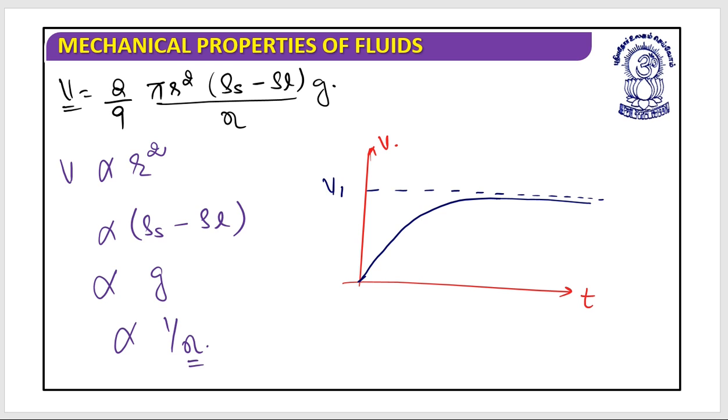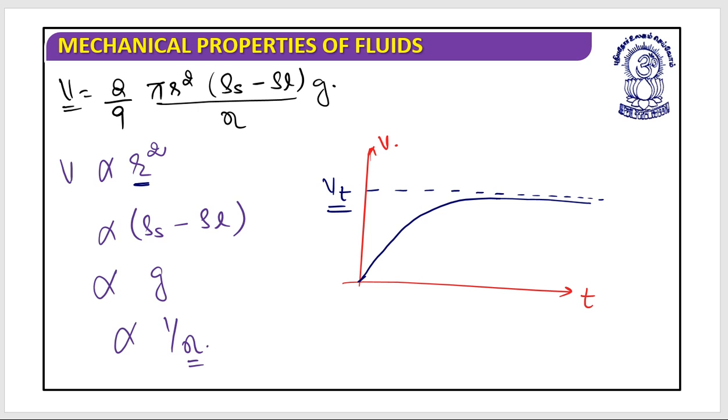It is something like this. This is the graph of the particle that has just been released, and after some time it is going to achieve the terminal velocity. I hope this is clear. Please keep this in mind.